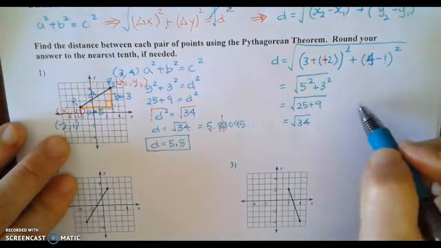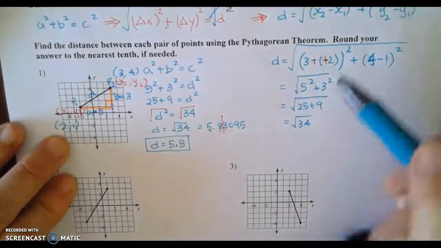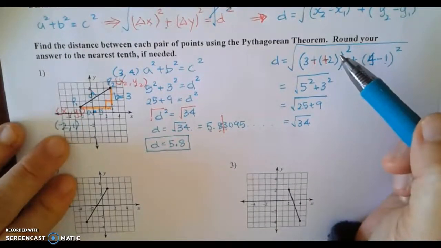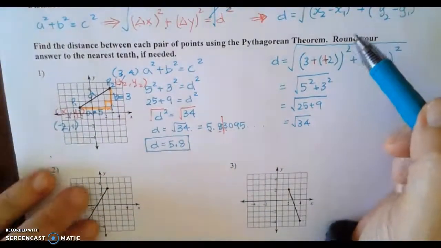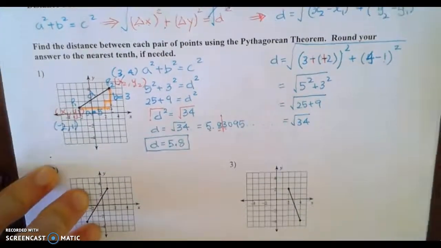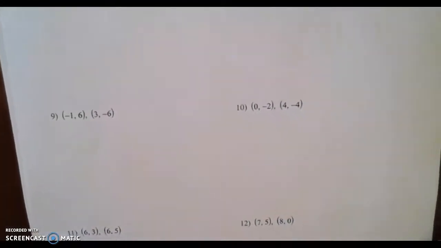Okay, so when you're using the distance formula, you need to first mark x1, y1, x2, y2. So let's do one more problem, and I am going to demonstrate by doing one problem from the second page.